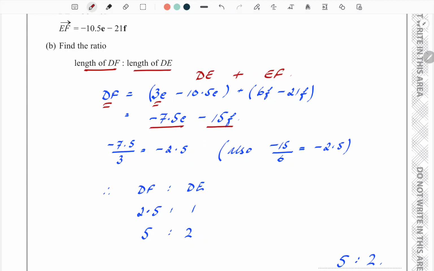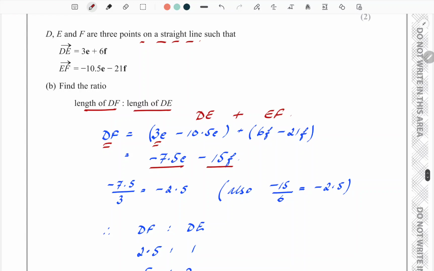Now, if you compare the first bit, the E, in DF you've got minus 7.5. In DE, you've got 3. So the multiple is minus 2.5. Double checking it with the F elements of the 2 vectors, you've got minus 15 divided by 6.